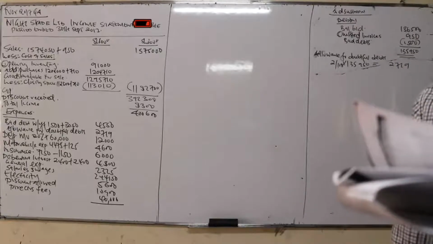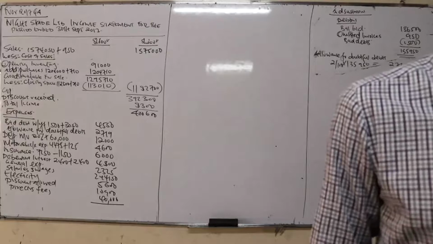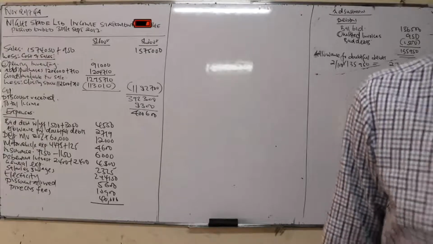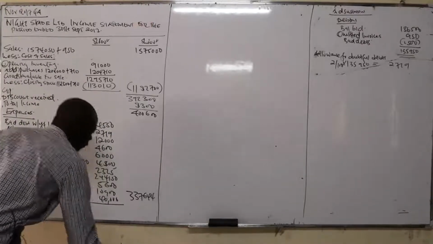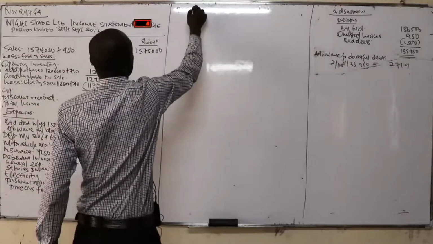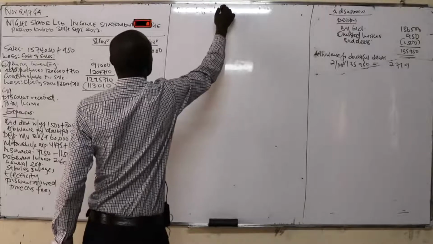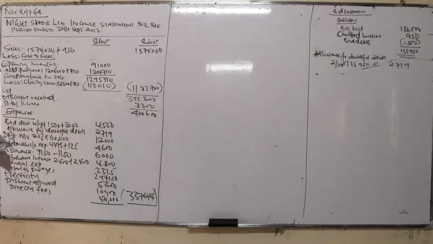Another one, 337,644. So we're having two different figures, 337,644. So the answer we get here is called profit before tax. The difference. The answer here is profit before tax. What is it? Profit before tax, 62,950.